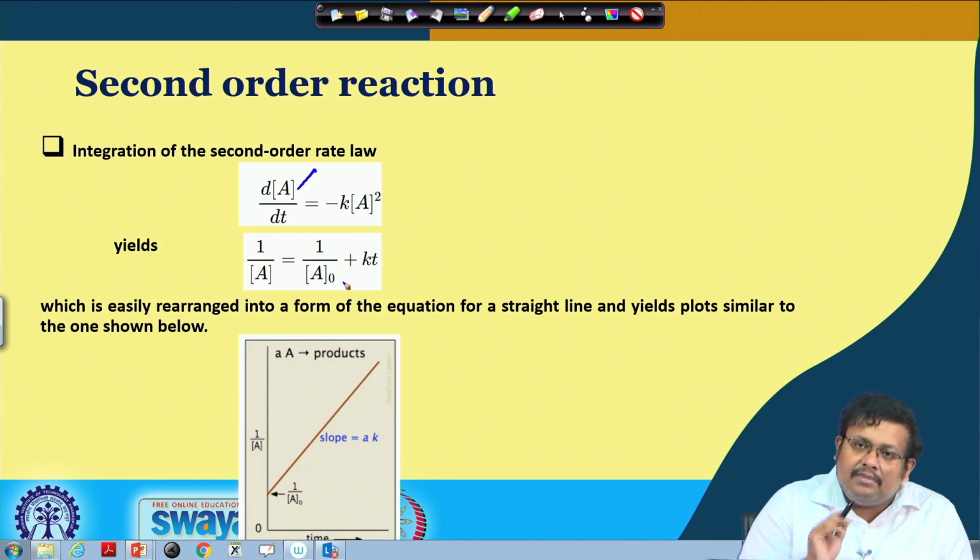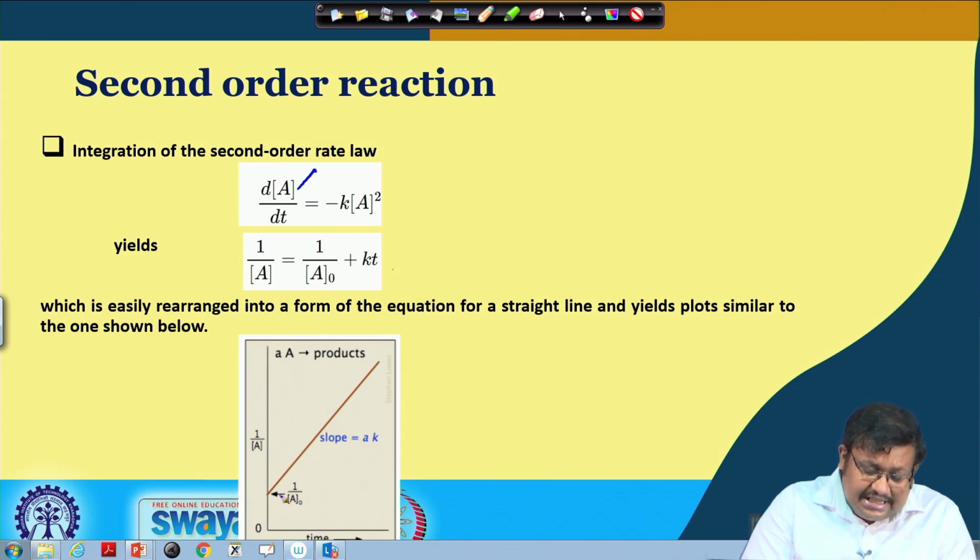How will we get this form? I will show you. This straight line form we again get for second order reaction, just like for first order reaction, which is easily rearranged to form an equation of the straight line, which you know, and yields a plot similar to the one shown below.